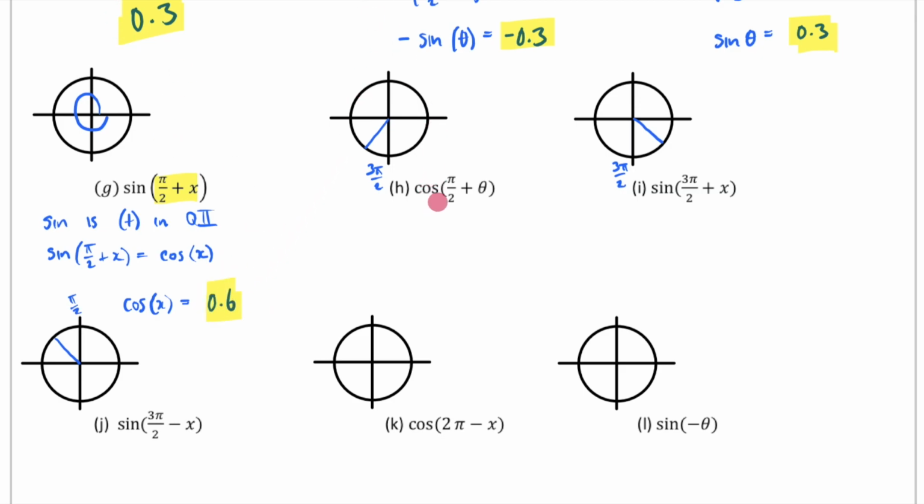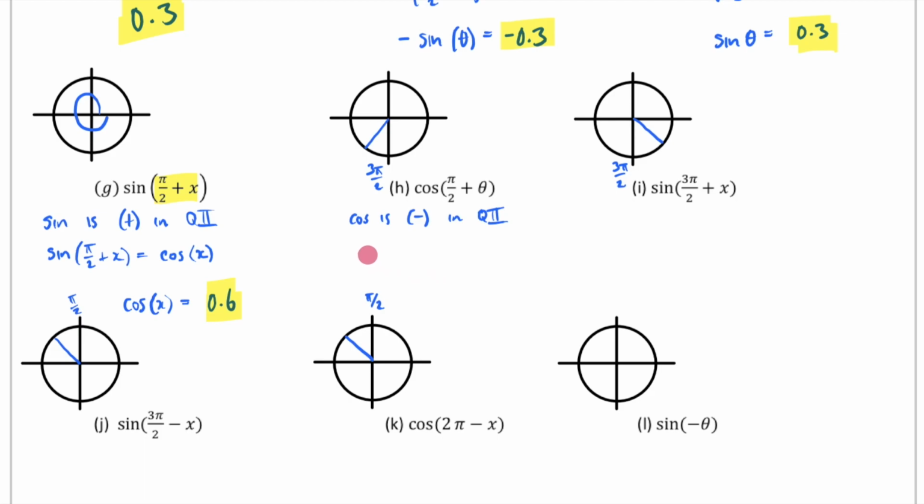Let's now answer the next question. I'm going to begin by figuring out which quadrant I'm in. So pi over 2 plus, I'm going to be over here. Is cos positive or negative in my second quadrant? It is going to be negative in Q2.